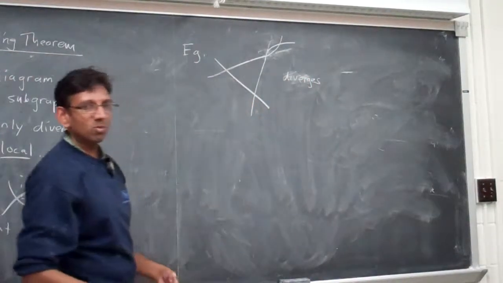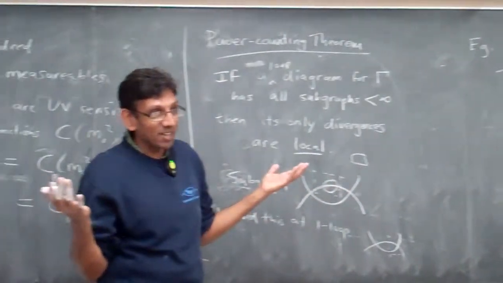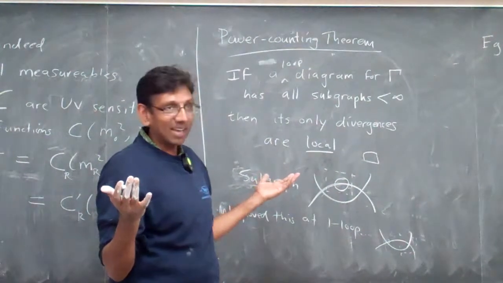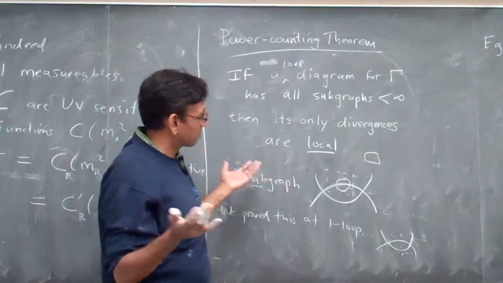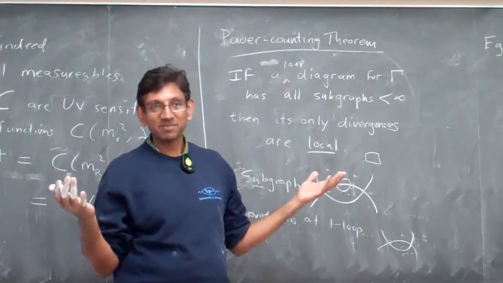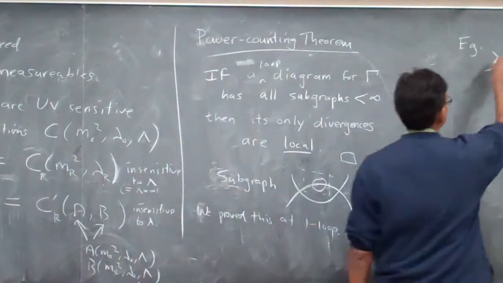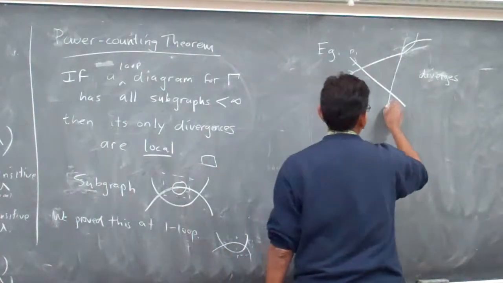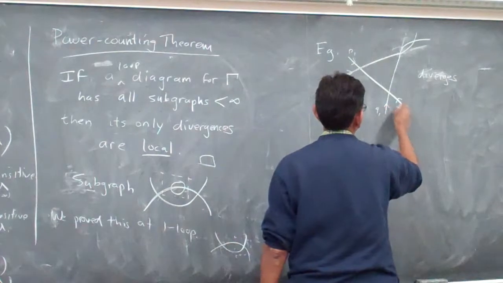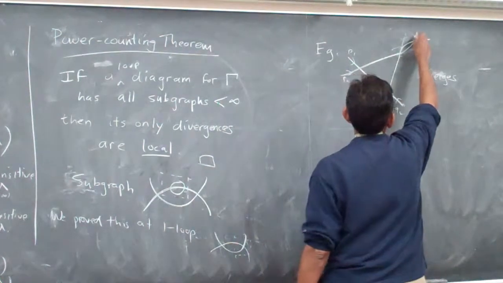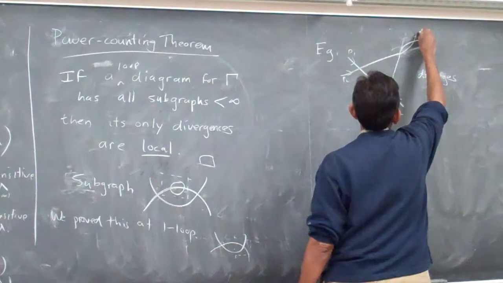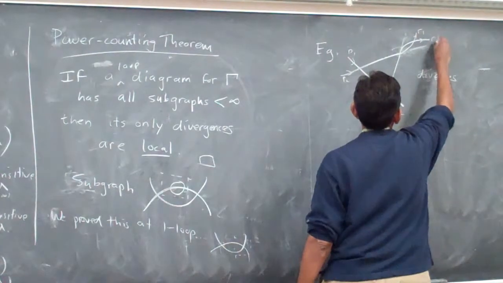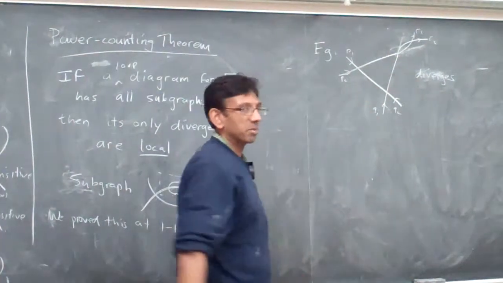And you might say, let's just use the differentiation trick and then be able to see that the divergence has to be local. Okay. Well, let's say that this is P1 and P2, Q1 and Q2, and whatever, R1 and R2 can be by momentum conservation.